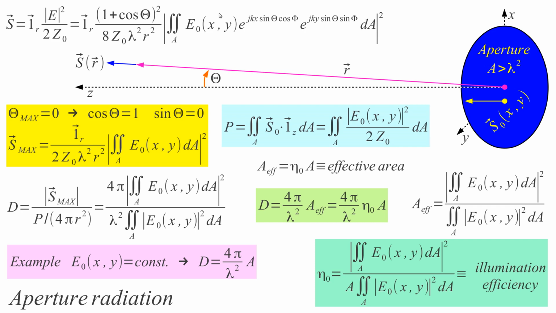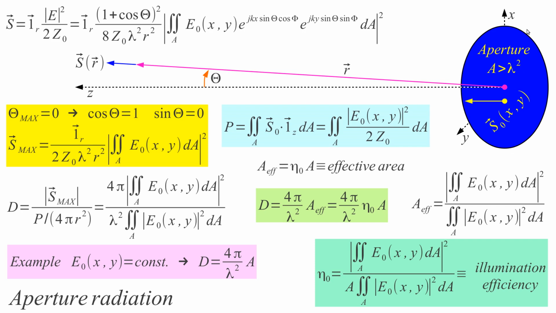This is an exact solution if we know the field distribution of such an aperture, and this aperture is much larger than lambda squared. Then this formula is quite accurate, because if it's smaller than lambda squared, we have many edge effects, so it's no longer that accurate.